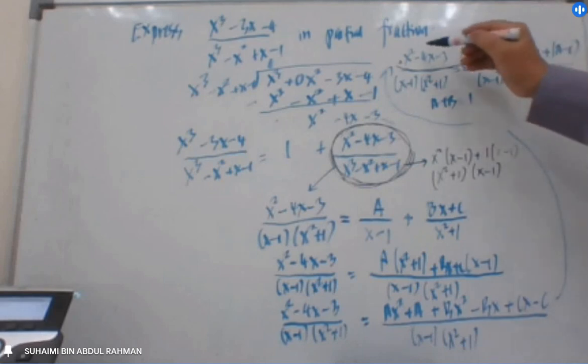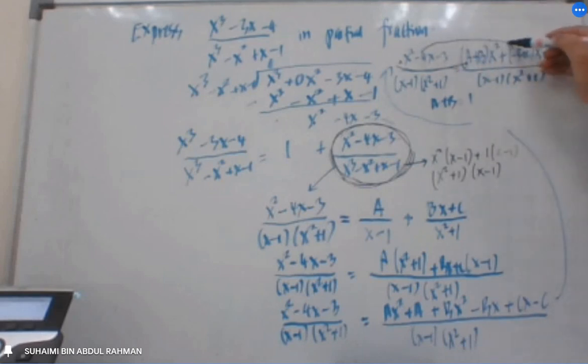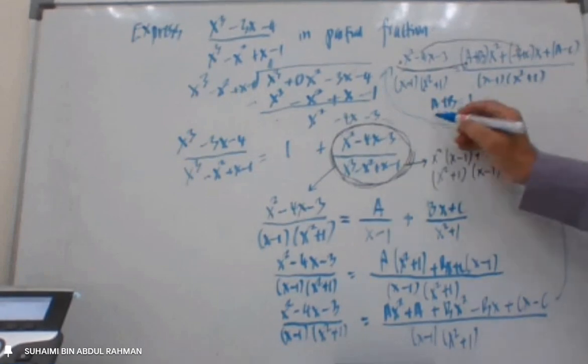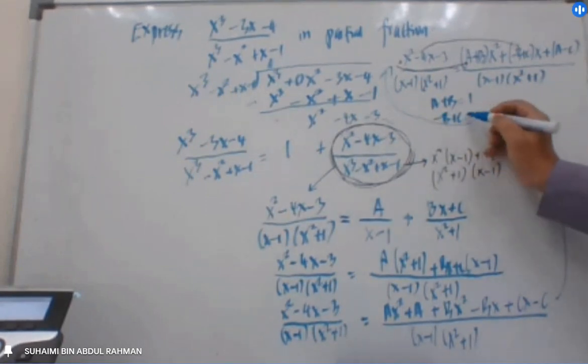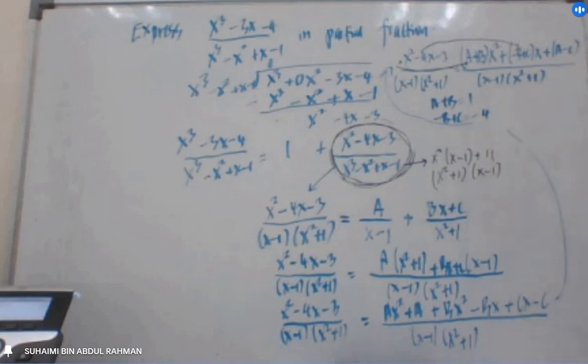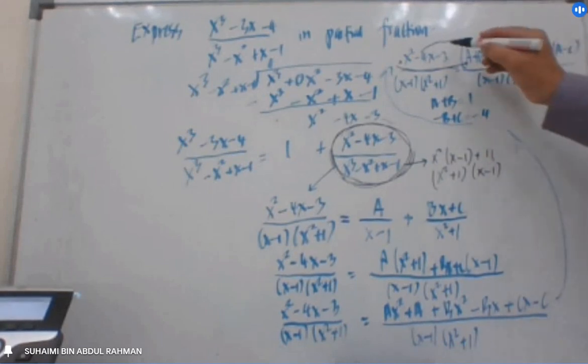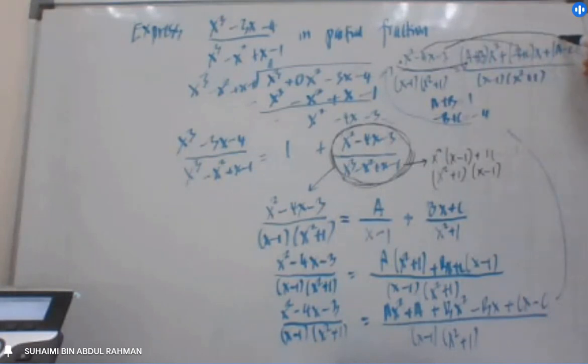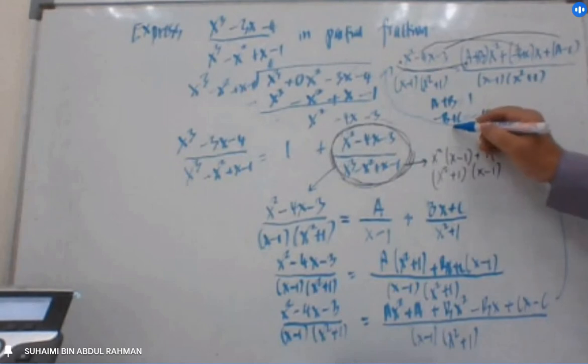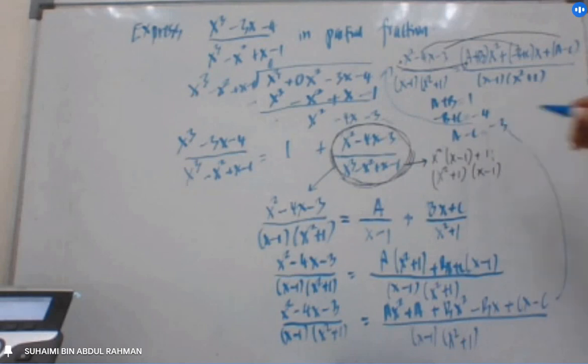Then the coefficient of x: negative B plus C equals minus 4. Then the coefficient of x to the power of 0: A minus C is minus 3.